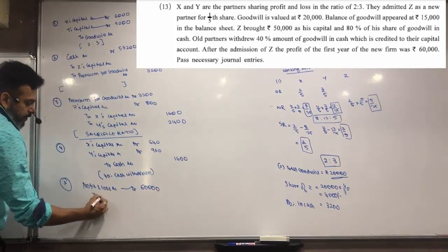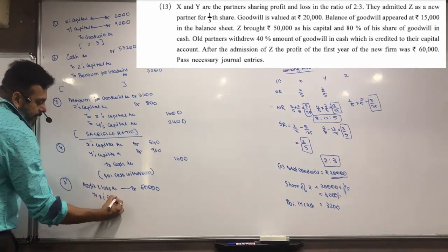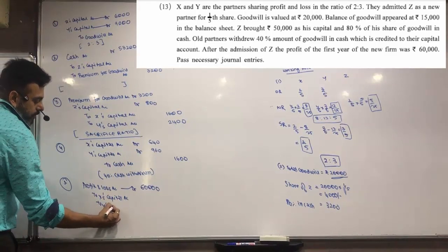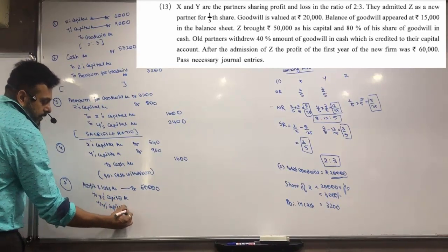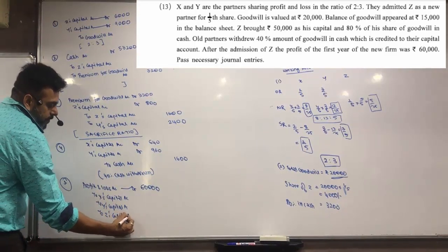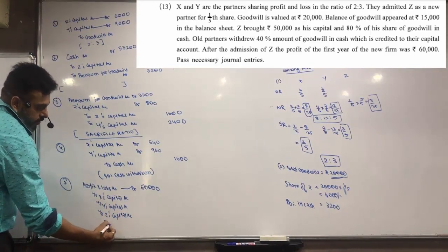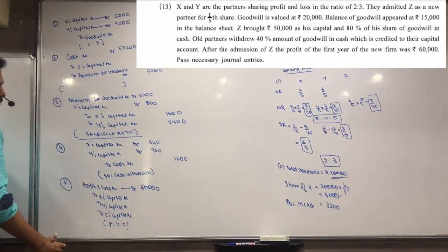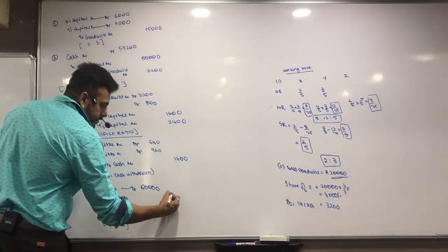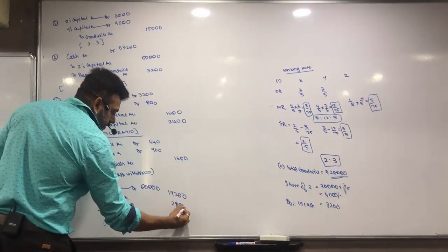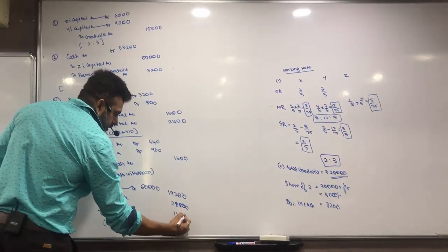To all the partners. So to X's capital account, to Y's capital account, and to Z's capital account. In what ratio? New ratio, 8:12:5. 19,200, 28,800, and 12,000.